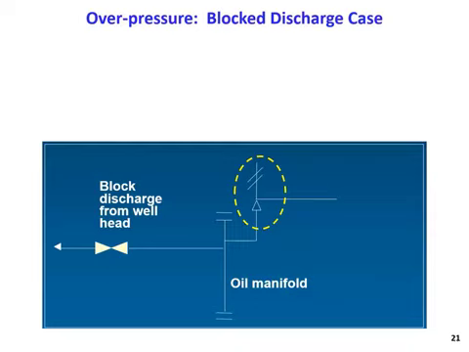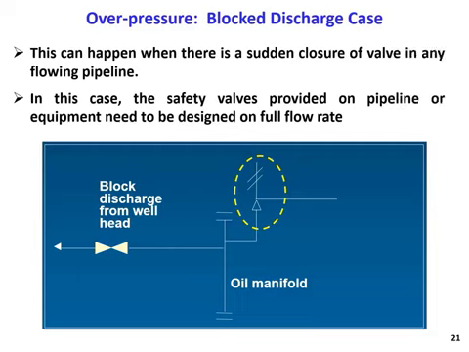Now, okay, about the overpressure, in which cases can we have overpressure. So this is kind of oil production, or it can even be gas production, where we take the gas from the well and we send it to the downstream process. It can be any type of equipment, separation, knockout drum. One of the very common cases is that the valves on the stream are blocked.